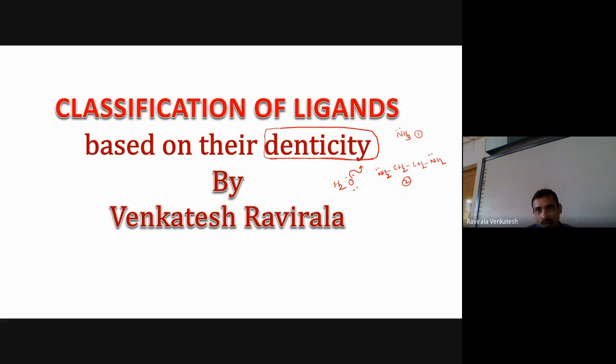The second lone pair cannot be donated, so its denticity is only 1. So denticity does not mean the number of lone pairs present. Denticity means how many lone pairs it can donate. We need to understand that when we discuss denticity.